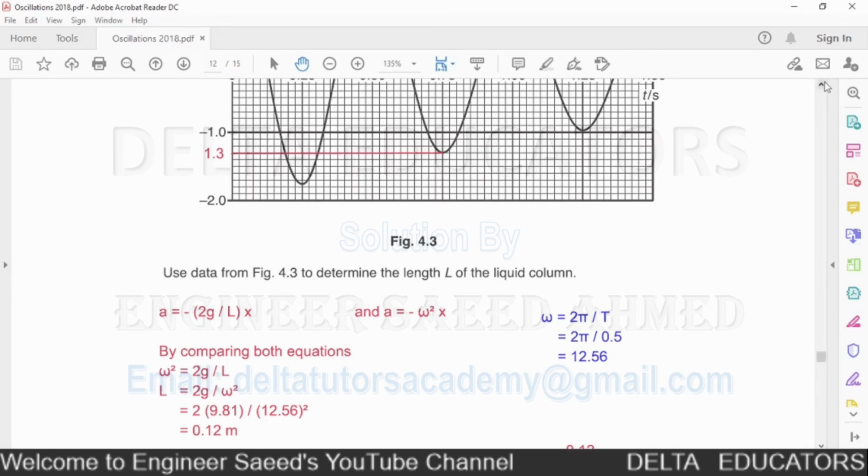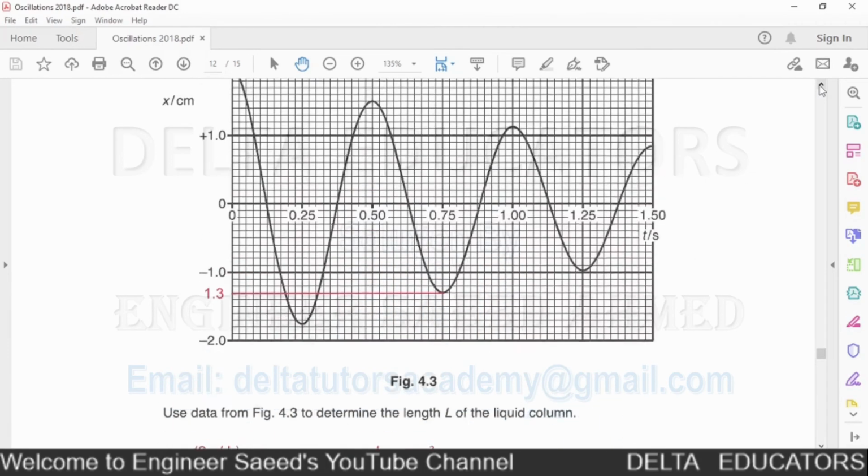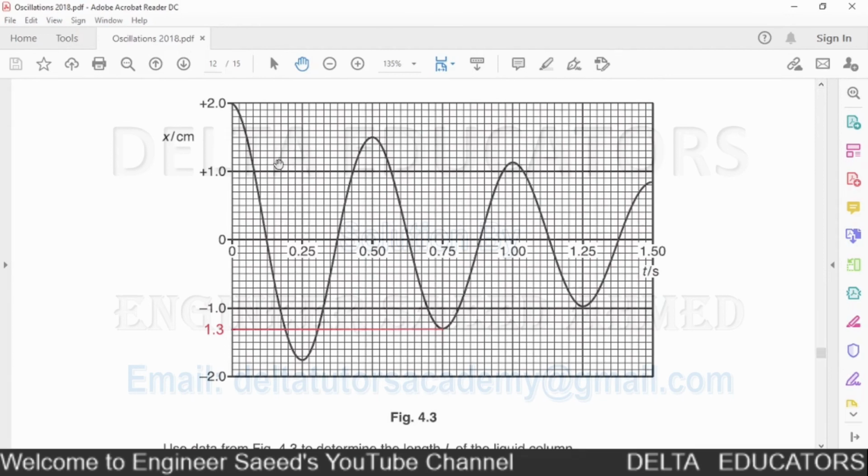We have studied a relation between angular frequency and time period. Time period is given as 2 pi over omega, or also we can write omega is equal to 2 pi over T. What is T? T is the time period. Now the value of time period we can calculate from this graph. It is the start of the wave.